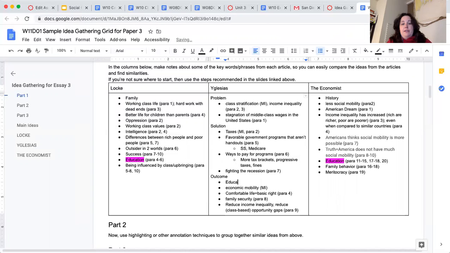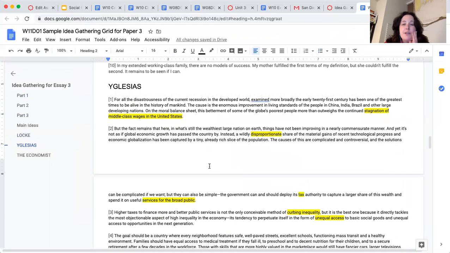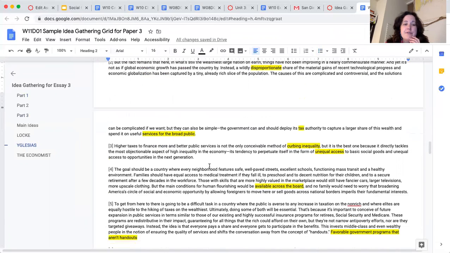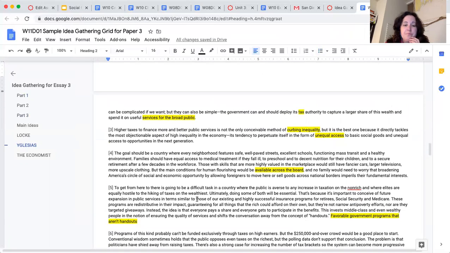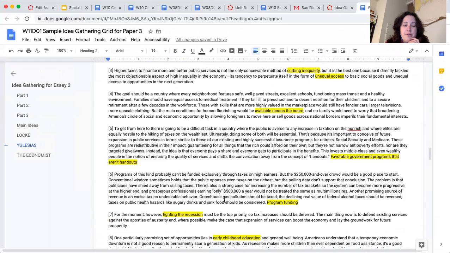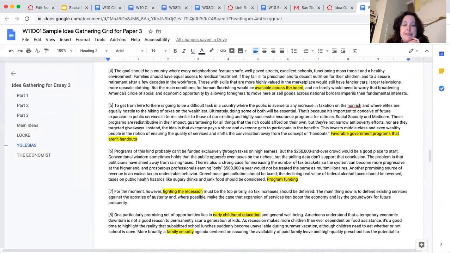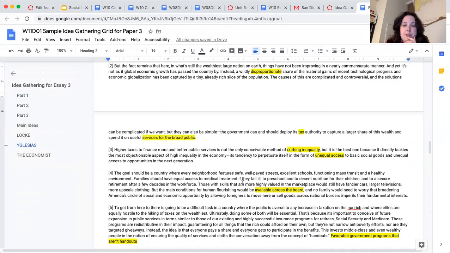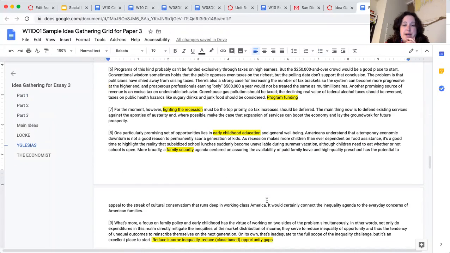So in the article from Iglesias, let's see if we can find that. I'm just scanning through it really quickly to see what they talk about. So they do talk about schools, things like that.